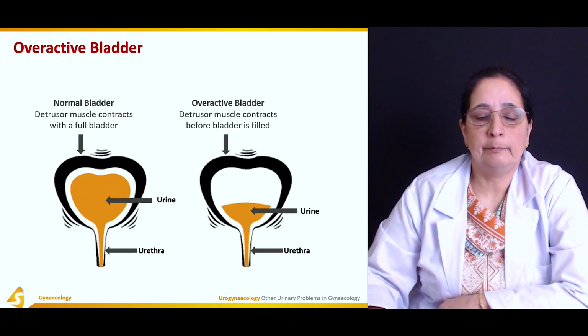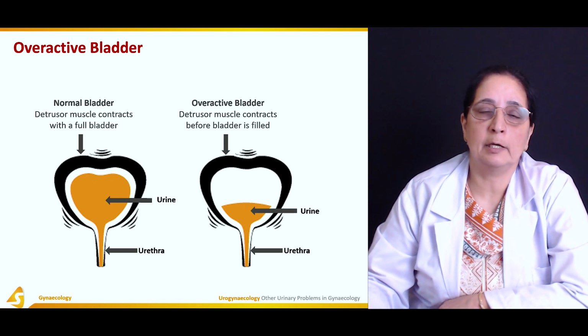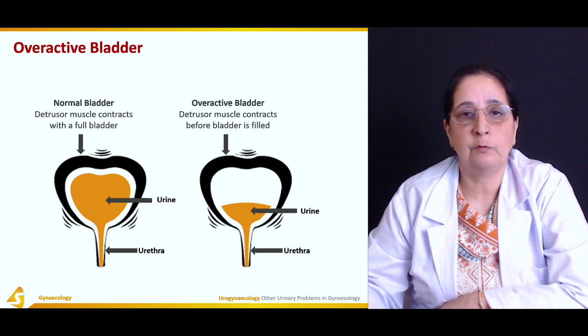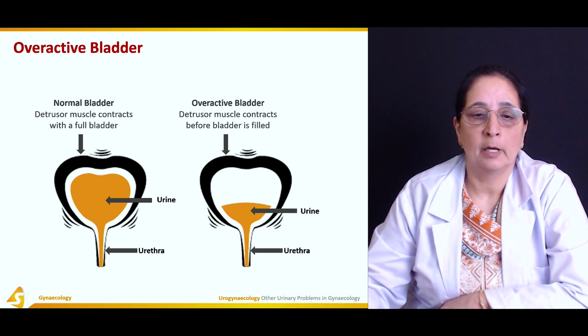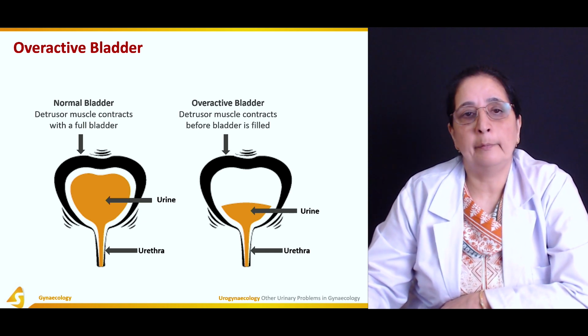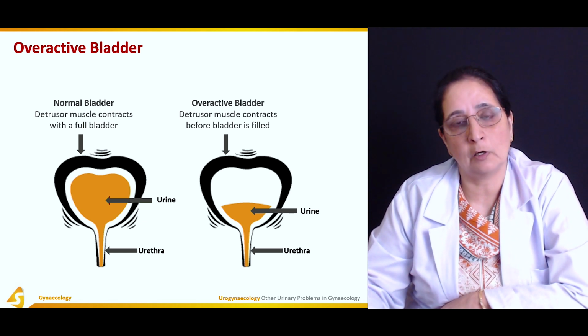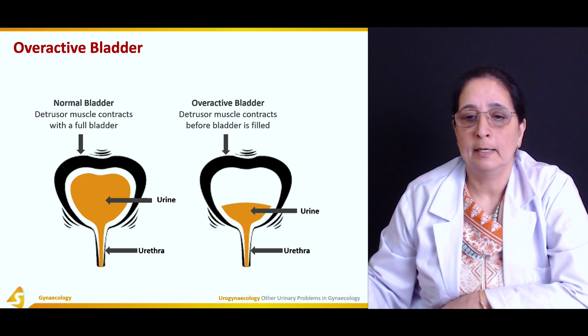Then overactive bladder. In normal bladder, usually the detrusor muscle contracts once the bladder is full and leads to the process of micturition. But in overactive bladder, usually the detrusor muscles start contracting even before the bladder is filled with the urine.